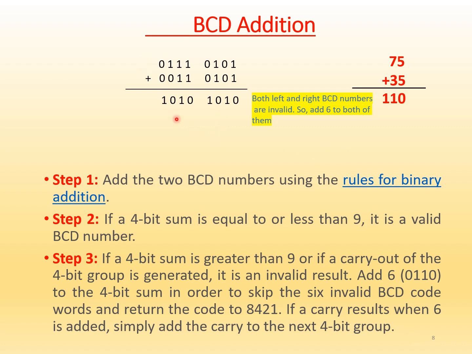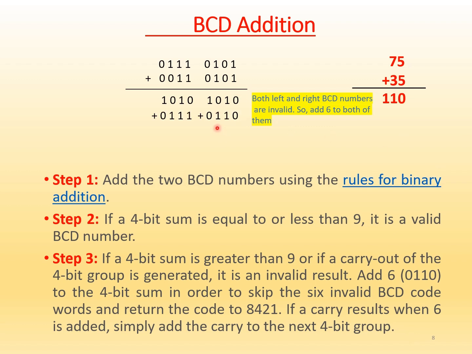If you have to add them, then in decimal addition you get 110, but here you are seeing when you are adding them, you are getting 101 and 1010. But this one, 1010, doesn't have a BCD representation, right? Because the last one was number 9, that was 1001. So 1010 was not used.